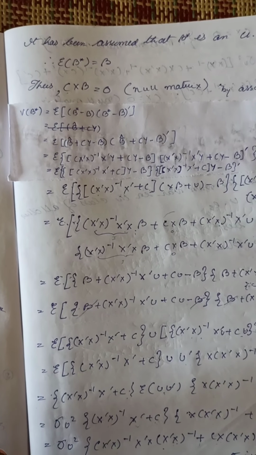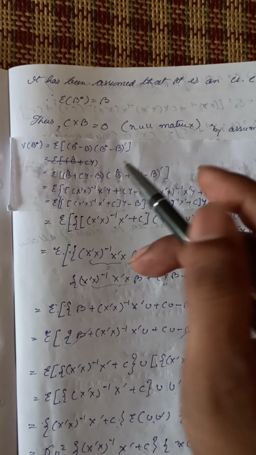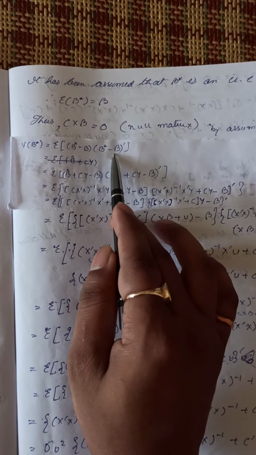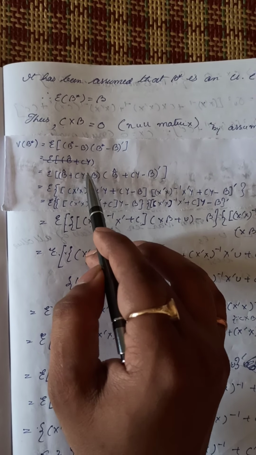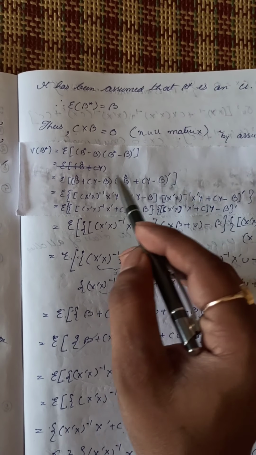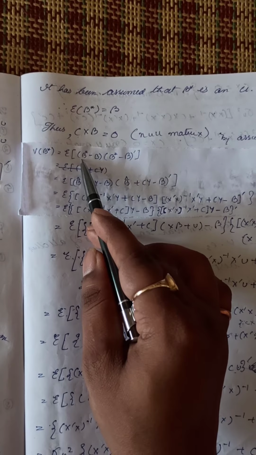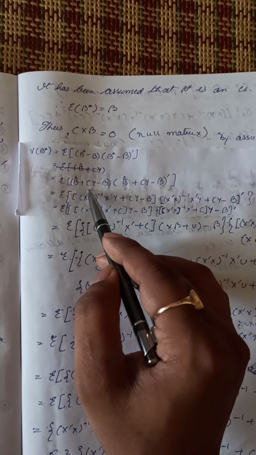Now we shall calculate the variance of beta star. The formula for the variance of beta star is this. Over here, first we have substituted the value of beta star by beta cap plus cy.